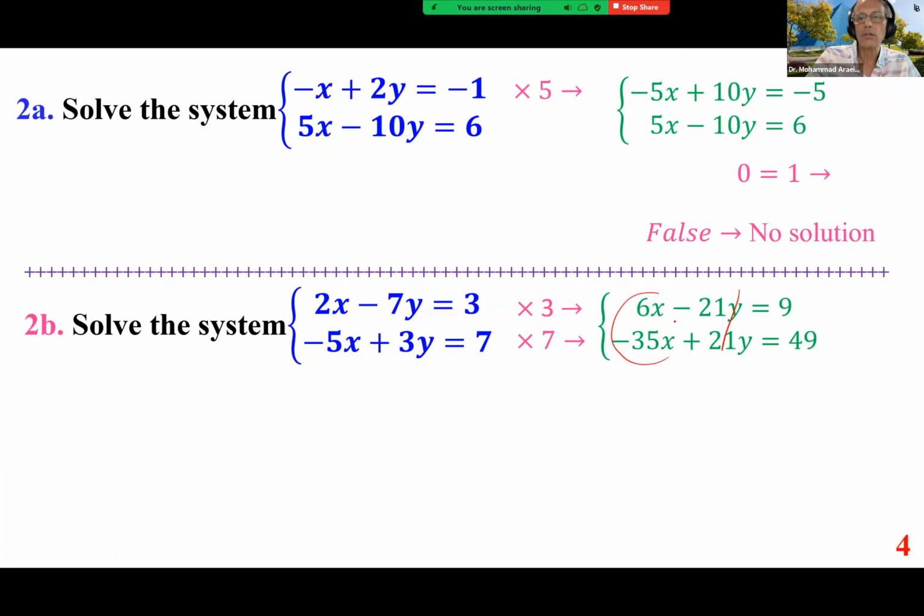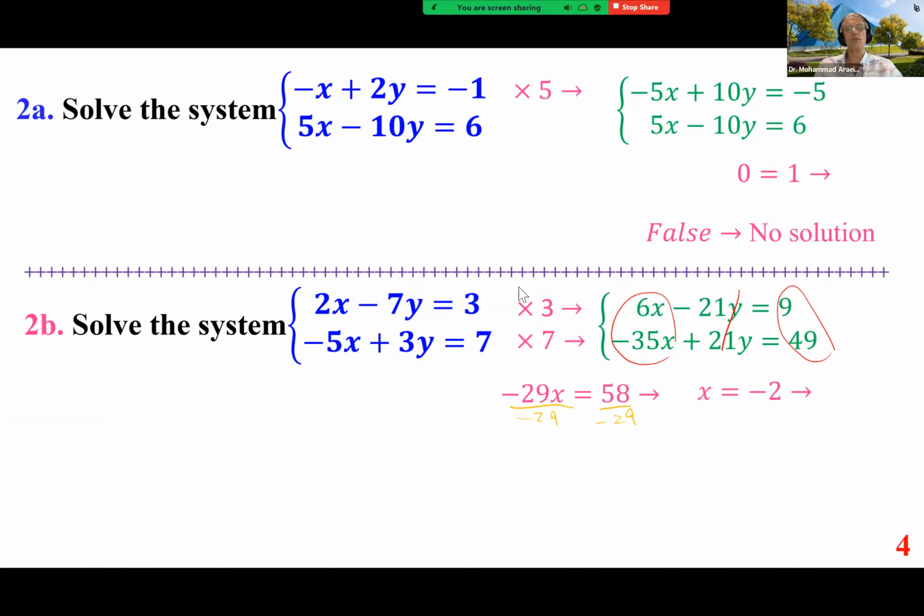These two cancel each other. These two add up to negative 29x equals 58. We divide by negative 29, x becomes negative 2.